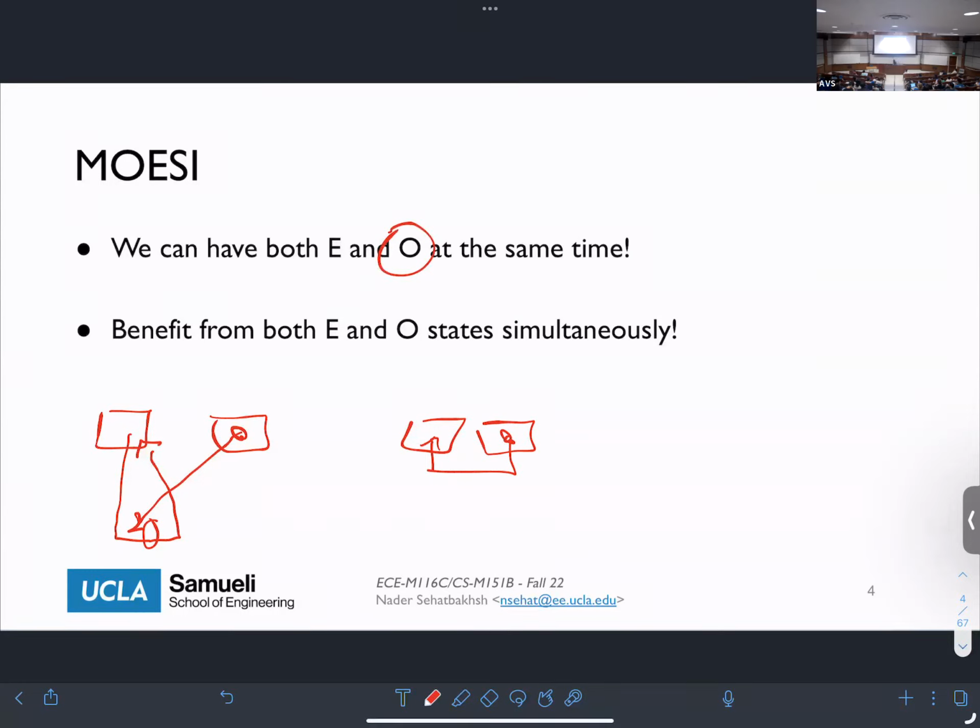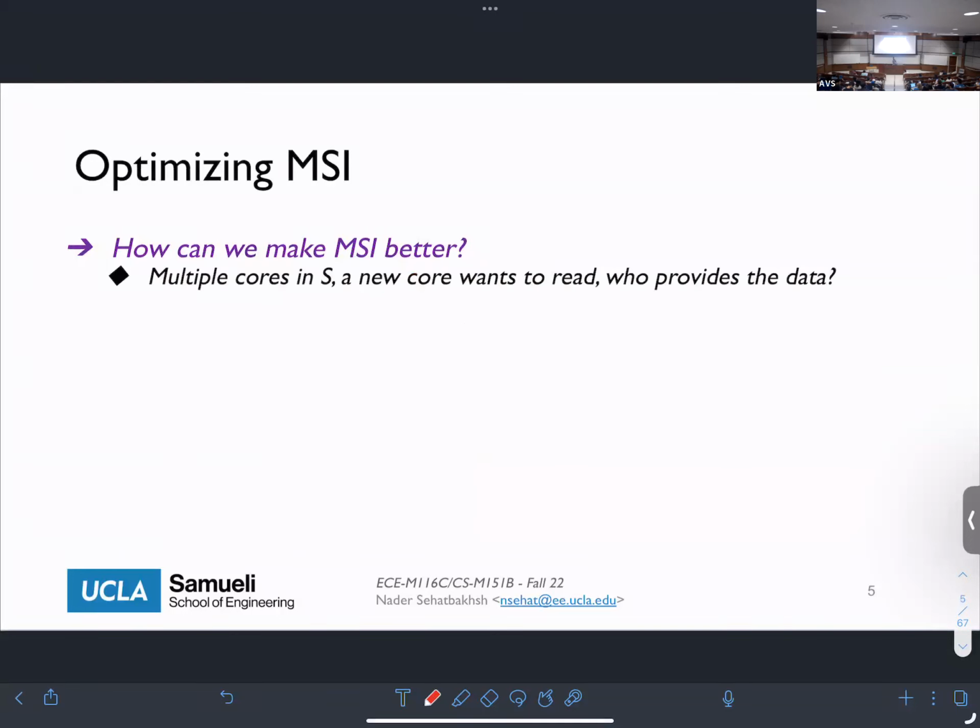All right. The last state that I want to add is what we call an F state, or forwarder. The reason we want an F is that if there are a bunch of different cores in the S state, and a new core wants to read, the question becomes who should provide this data. Should that core go to the main memory and bring that data?